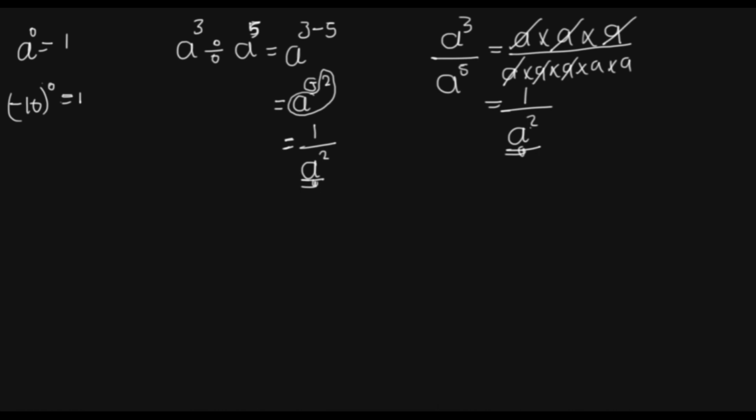Now let's see how we can simplify the following. So the first part here, we can say a raised to the power 4 divided by a raised to the power negative 7. So by using the laws of indices, we are going to say a to the power 4 minus negative 7.